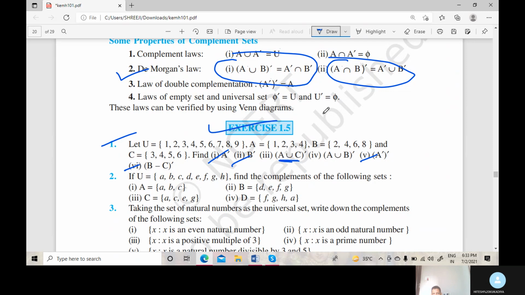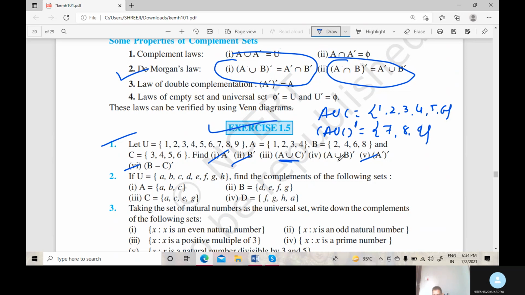First we take A union C. A is 1, 2, 3, 4, C equal to 3, 4, 5, 6. 3, 4 are already done, so only 5, 6 are added. Now complement of A union C: 1, 2, 3, 4, 5, 6 cancel, so the remaining elements are 7, 8 and 9.